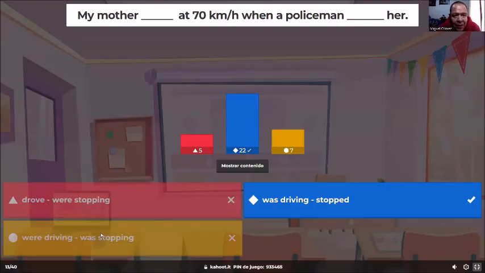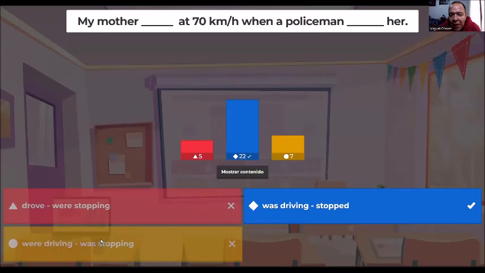My mother was driving at 70 kilometers per hour when a policeman stopped her. One action is interrupted by another one.